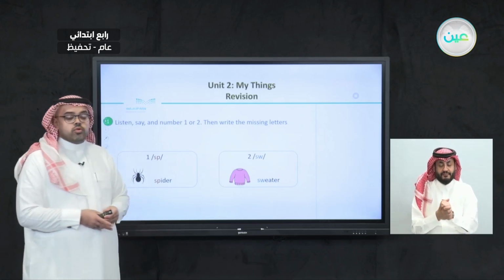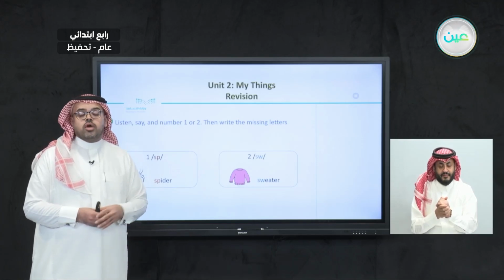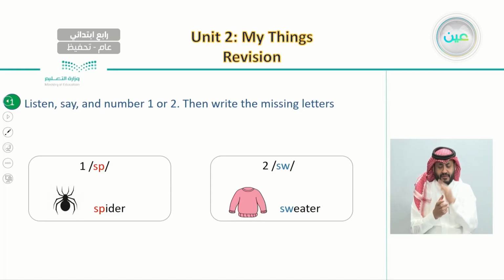Before we move on to the exercise, let's first remind ourselves of these sounds. The first sound here is the sound that has 2 letters, S and P. Now I'm going to say this word, and I would like you to point at this word with me and say it after me.